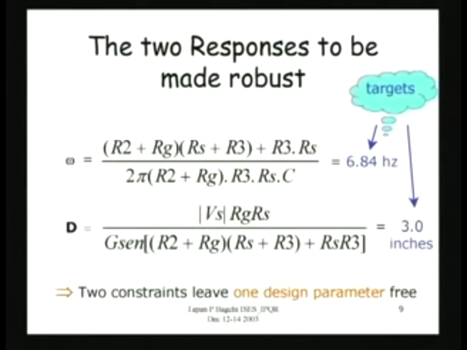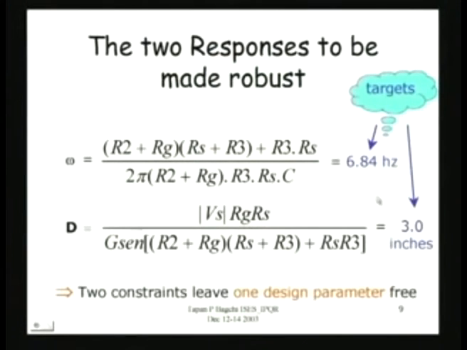And then, of course, what I do is I set the first one, omega, equal to 6.84, and I set the other one equal to 3.0. Notice here the degrees of freedom I have. I have 3 different design variables in my hand that I can pick any way I want, and I have to meet 2 target values.